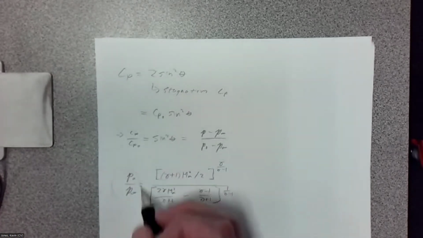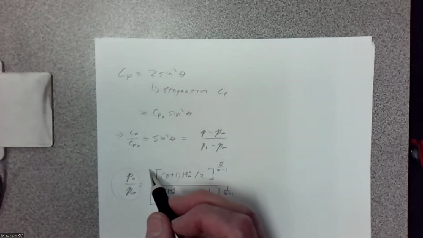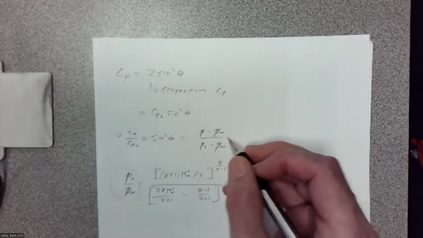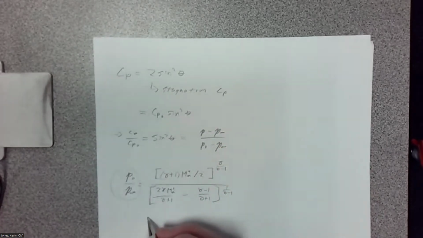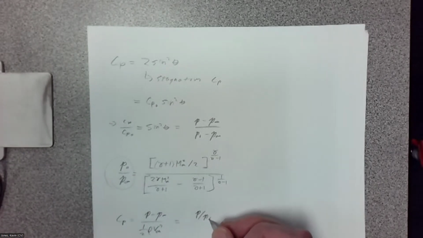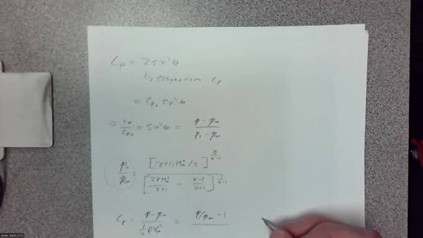So let's take this and divide top and bottom by P infinity. We'll get Cp equals P minus P infinity over half rho infinity V infinity squared, which equals P over P infinity minus 1, over, and let's do this swap, half rho infinity V infinity squared is half gamma P infinity M infinity squared.